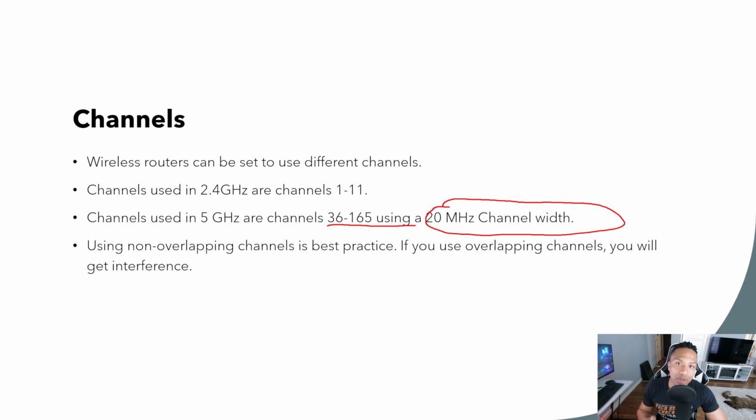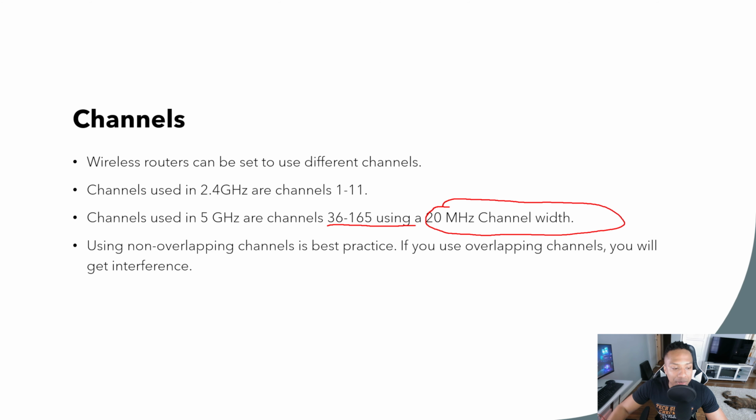One very, very important thing, and you will most likely see this on a test, is we need to use non-overlapping channels. That is best practice. It is like the rule of law. If we use overlapping channels, we're not going to get good wireless communication. We're not going to have a good connection.